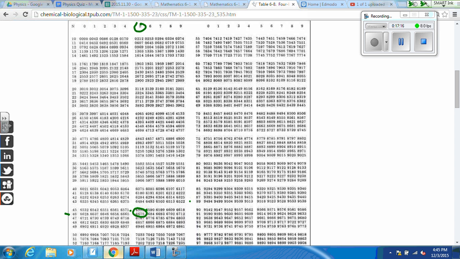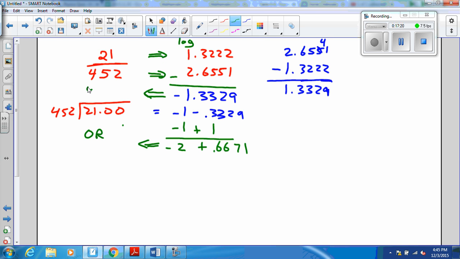And that gives us 4.65. And then here's our exponent, times 10 to the minus 2. And you can imagine that with just a little bit of practice, this was a lot faster than doing long division of 452 into 21.